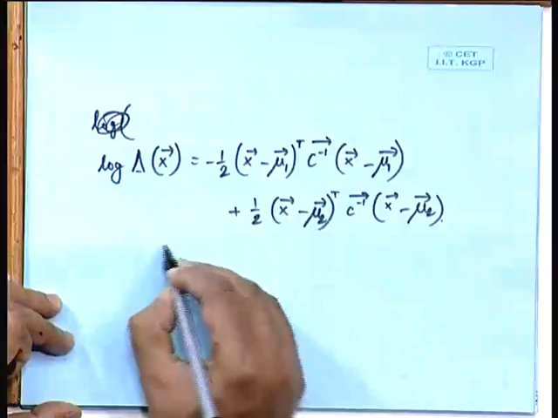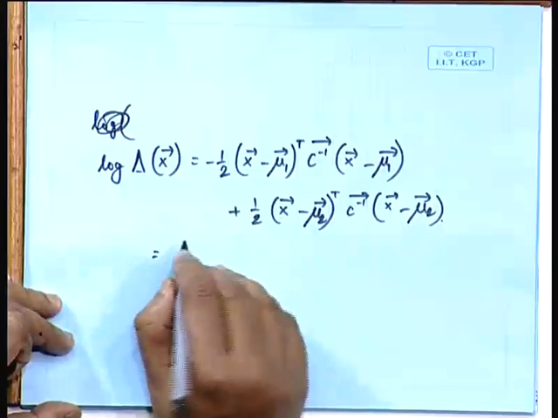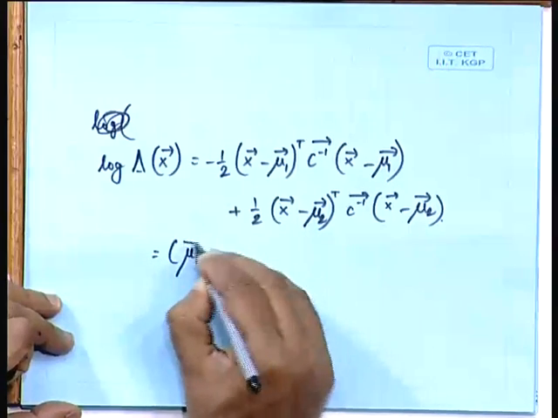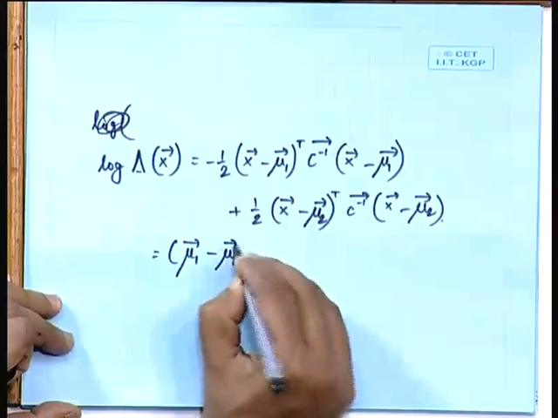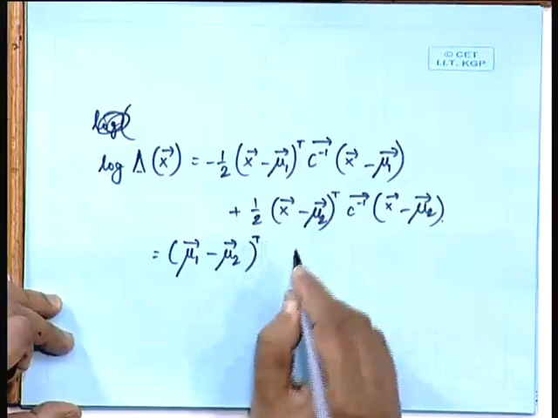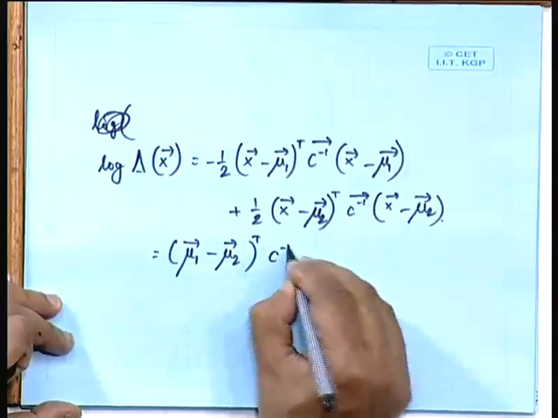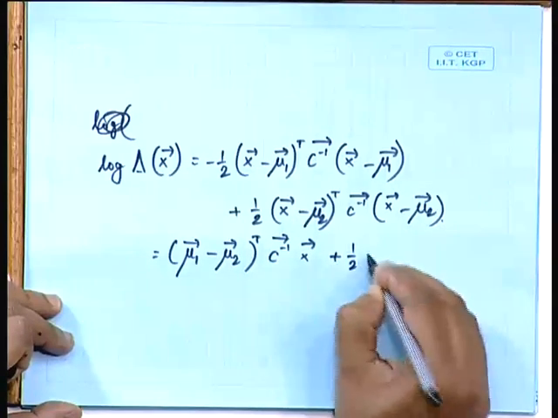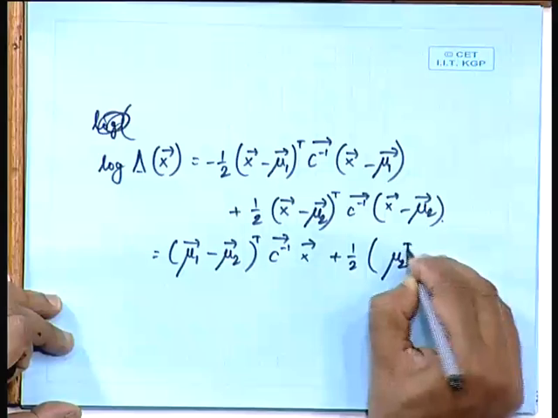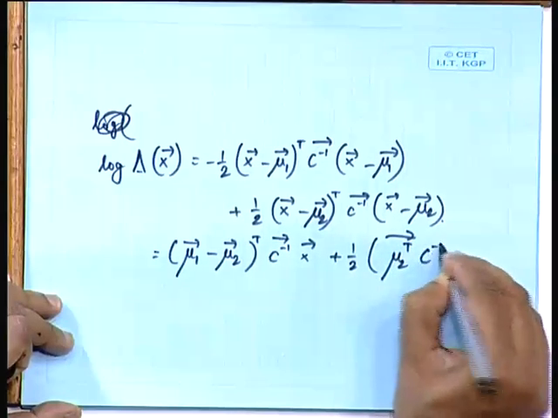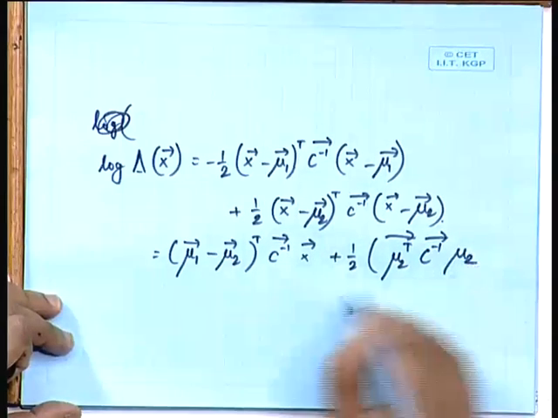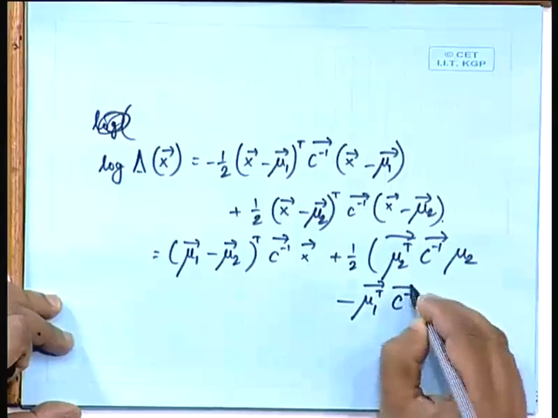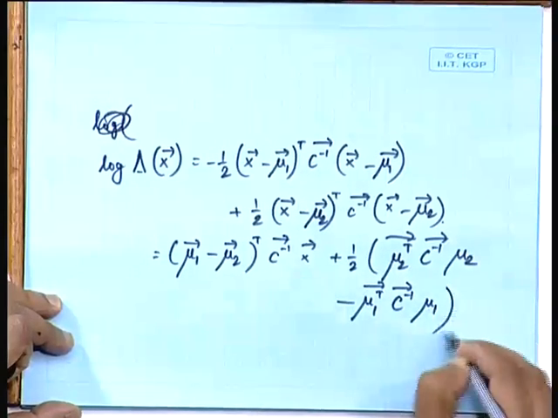Okay. So, this could be simplified further, and if we simplify it, then we will get two terms here. One is mu 1 minus mu 2 transpose C inverse x vector, plus half of mu 2 transpose C inverse mu 2 minus mu 1 transpose C inverse mu 1.